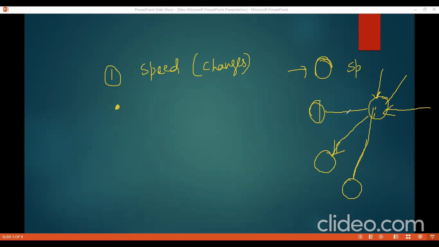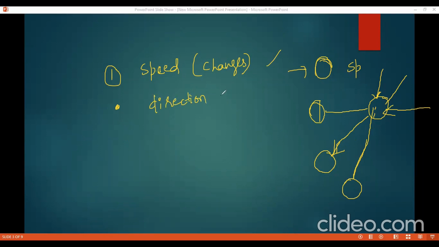Somewhat after moving straight, depending upon the force, it is going to change its direction, right? So it changes its speed, and it changes its direction of motion also.